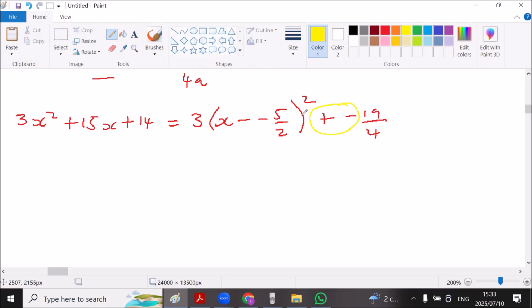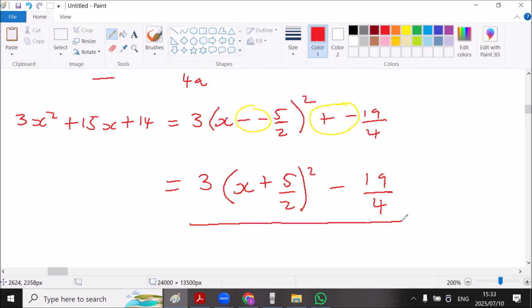We simplify the signs, then we have 3 bracket x plus 5 over 2 squared minus 19 over 4 as our completed square form. So we have transformed this form to the completed square form. Thank you.